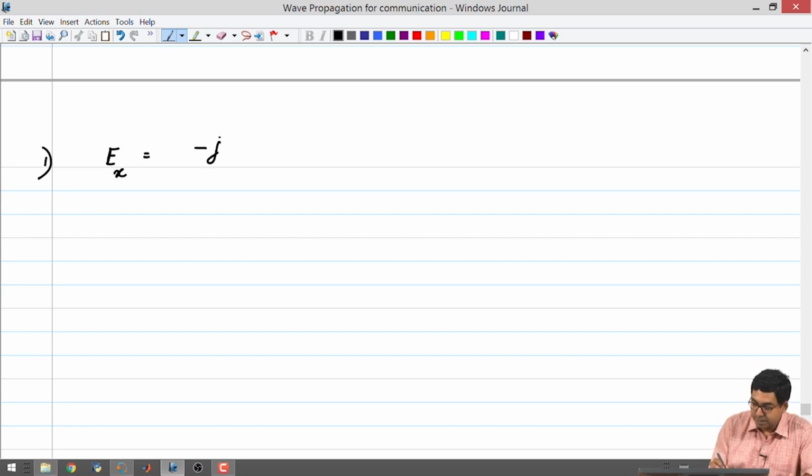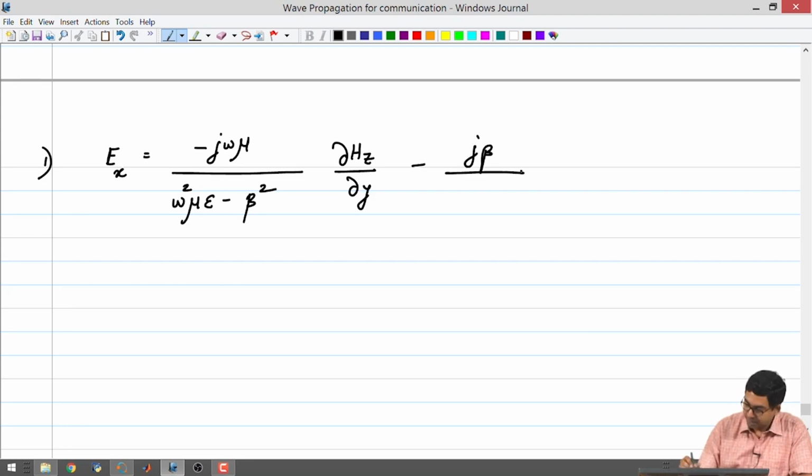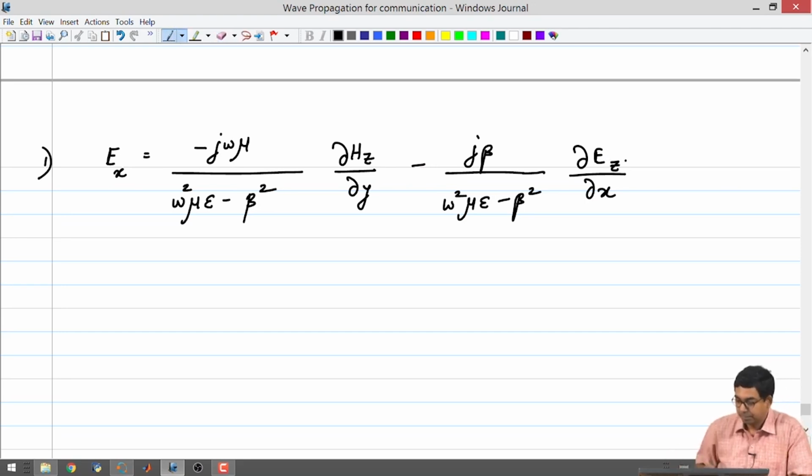It would look like minus j omega mu divided by omega square mu epsilon minus beta square, multiplied with dou Hz dou y, minus j beta divided by omega square mu epsilon minus beta square times dou Ez, how can it be? This is what Ex looks like.